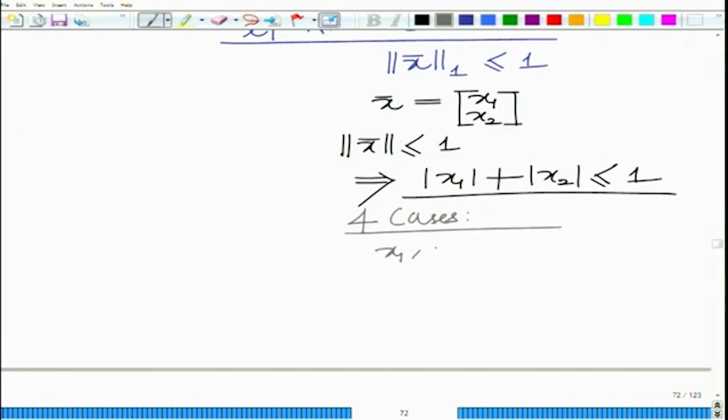One is x1, x2 both greater than or equal to 0, in which case magnitude x1 is nothing but x1, and magnitude x2 is x2, less than or equal to 1. So, this corresponds to the first quadrant.